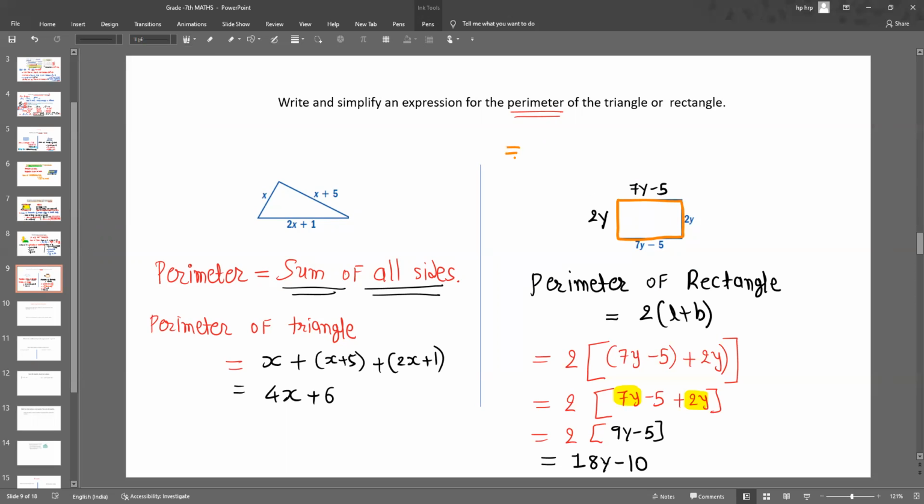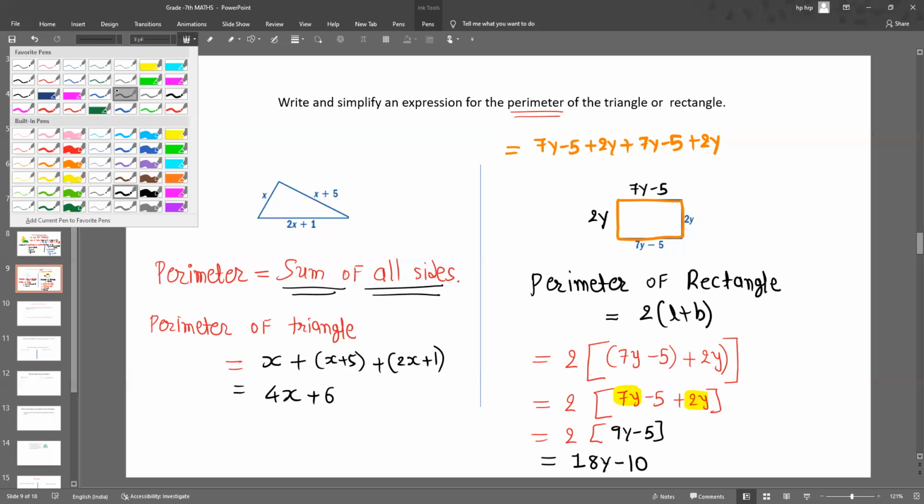Suppose you forget the formula, then what you can do is 7y minus 5 plus 2y plus 7y minus 5 plus 2y. Here I can do just the sum of all sides.